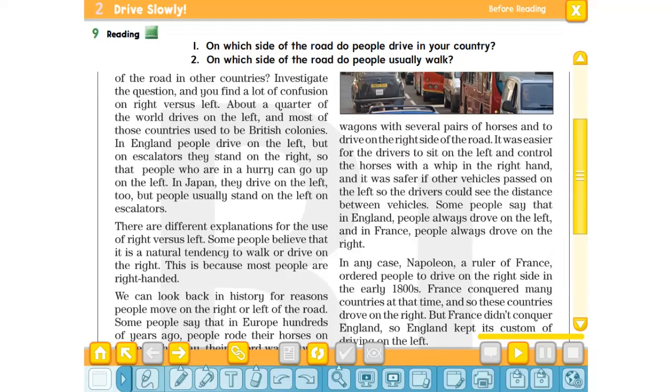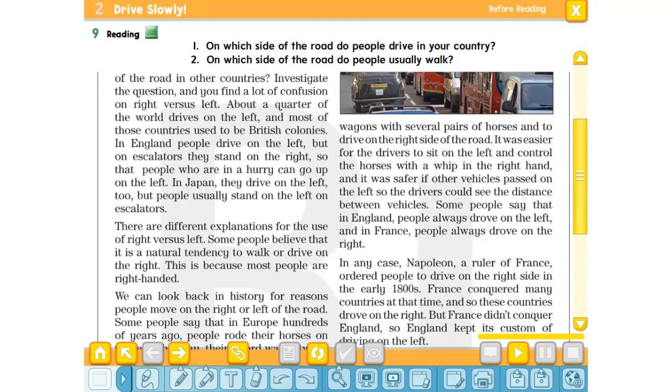Yes, teacher. There are different explanations for the use of right versus left.